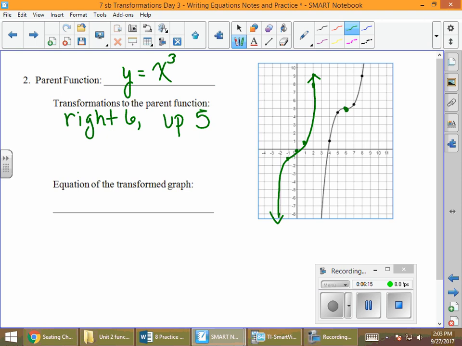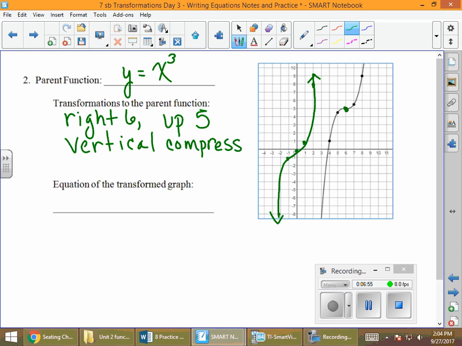As we take a closer look at the picture, what we see from our original graph is that from the origin, we went 1 space to the right and 1 up. So from this new green point that I put in there that's kind of like the origin, we went 1 space to the right still, but we only went a half up. And once again, when we're dealing with up or down, that's going to be a vertical change of some sort. And in this case, this is going to be a vertical compression.